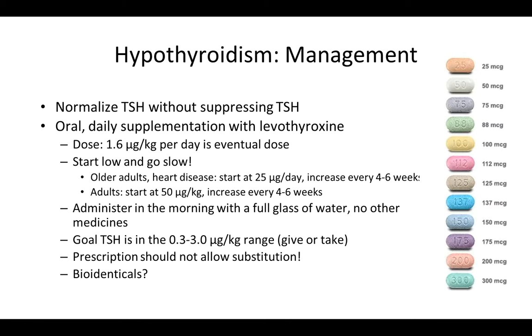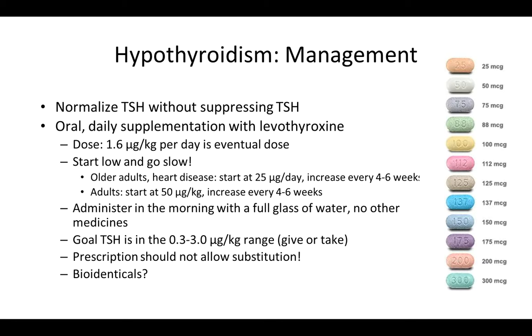And thyroid hormone T4 has an incredibly long half-life, so it takes about 6 weeks to get the full effects of the drug. For adults who don't have any risk factors, we can start a little bit higher, younger adults around 50 micrograms a day, and again, we're going to increase every 4 to 6 weeks.